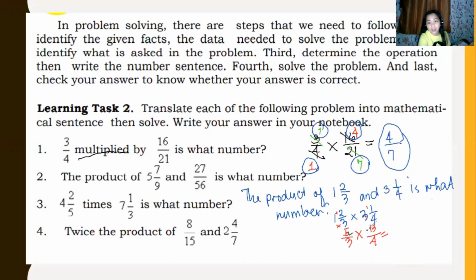So we have 5 times 13 is 65, and then 3 times 4 is 12. So the answer is 65 over 12. 65 divided by 12 is 5, remainder 5, so 5 over 12. The answer is 5 and 5 over 12. So this is for learning task number 2.